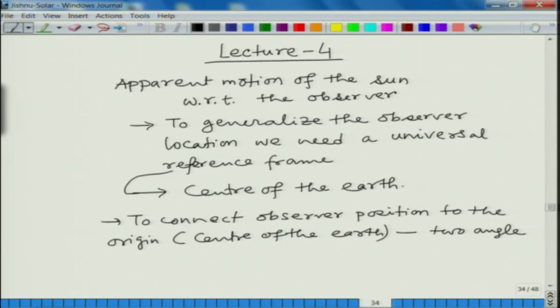So, you need at least two independent variables. Two angles we needed, one was latitude and the other one was longitude, right. This we have seen, and we have seen what they mean and how to measure them.